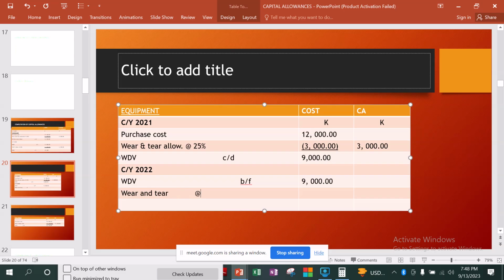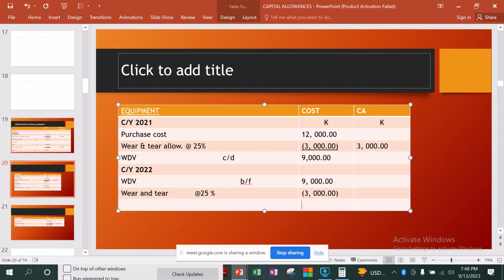This is the equipment, it's at 25%. So 25% of original cost is 3,000.